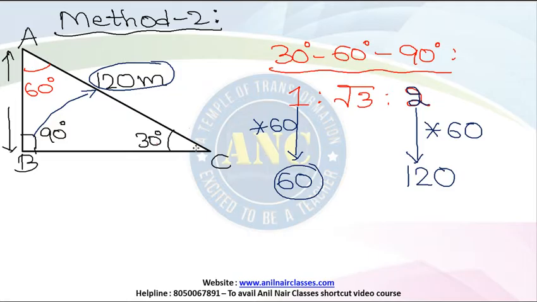In fact, I taught you 30, 60, 90 and 45, 45, 90 by taking trigonometric ratios itself, and then only I concluded that. So whatever I am teaching you by using side ratio or angle ratio is exactly similar to method 1, but we will save a lot of time by using method 2 instead of method 1. I hope the first two questions are very clear for you people.